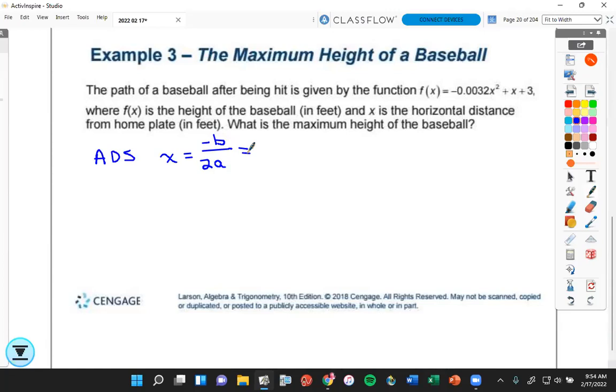Negative b would be negative 1 over 2 times negative 0.0032. 156.25.